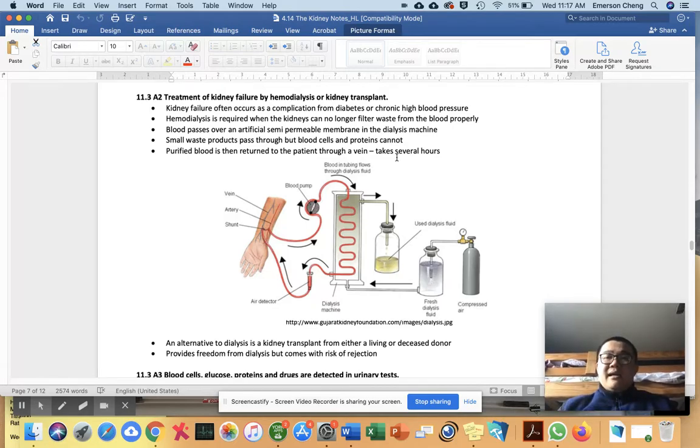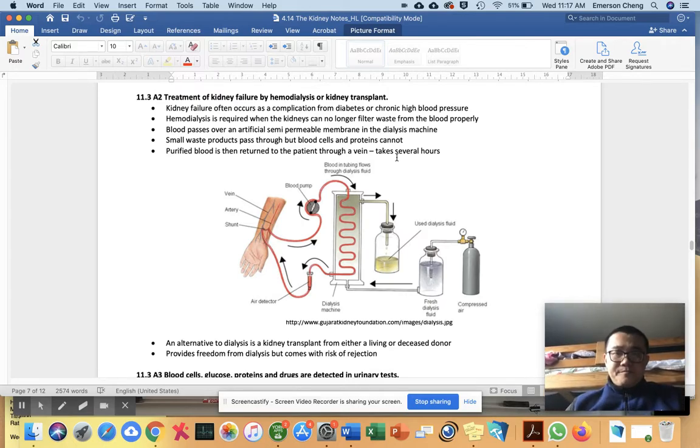So either you get the disease because you had to go through dialysis and get exposed, or it's the diabetes combined with the symptoms of coronavirus. I don't know, it's something worth looking into. But basically, if your kidney cannot filter the blood itself, you'll have to go through dialysis unless you get a transplant.